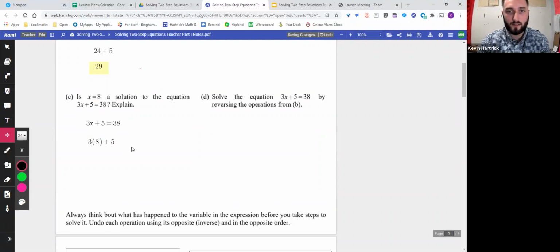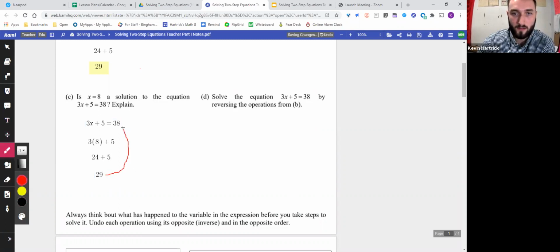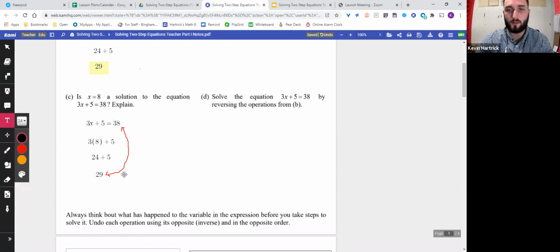And we want to figure out, does this end up being 38? This is the exact one that we just did. 3 times 8 was 24, and 24 plus 5 gave you 29. So, does it equal 38? No.